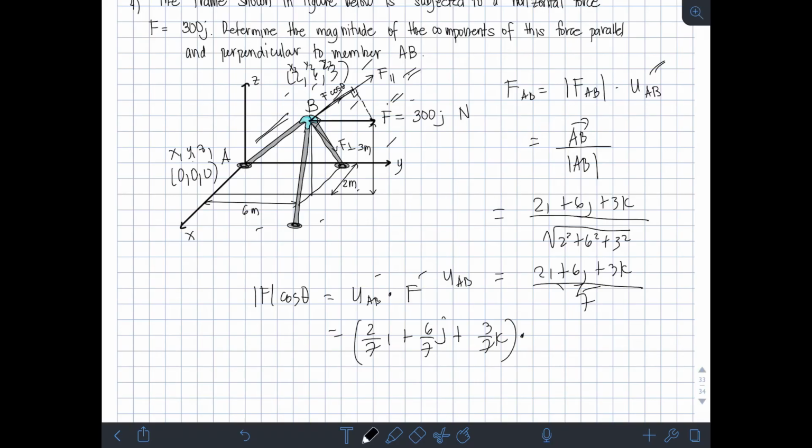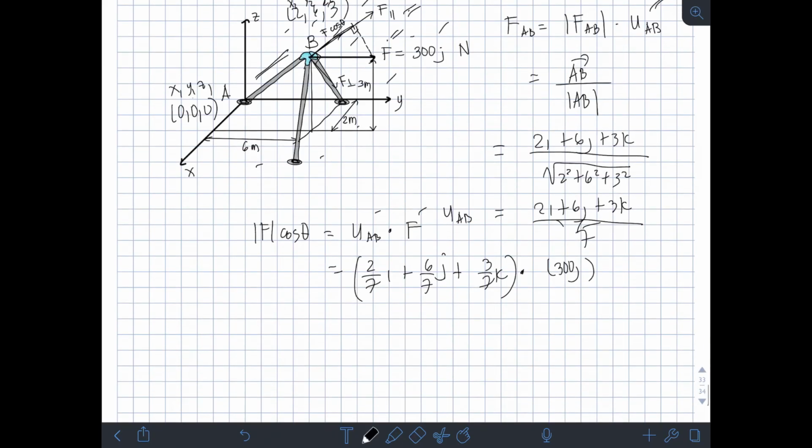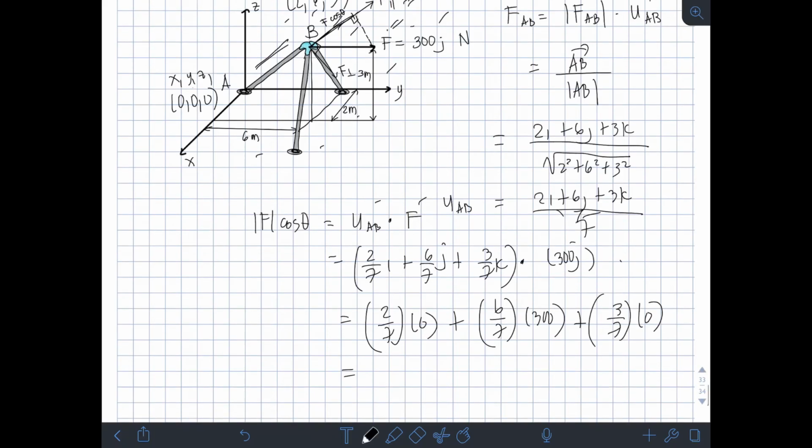We dot this with F, given as 300j. Applying the dot product, we just add the products of the corresponding ijk terms. So, for I, we have 2/7 times 0, because there is no I component and no K component in force F, they are 0, right? Plus for J, 6/7 times 300, plus 3/7 times 0 for K, so 0. So those just cancel. We only have 6/7 times 300. How much is that? 257.1 Newton.